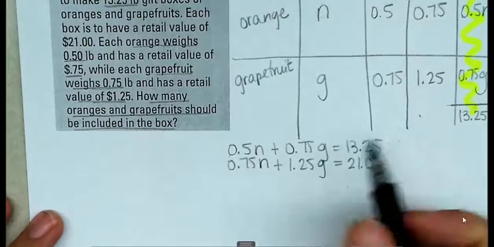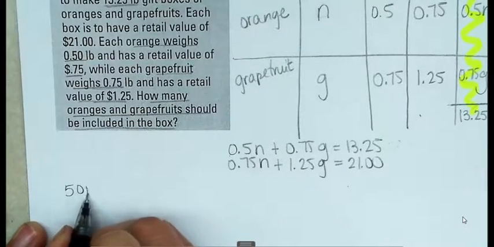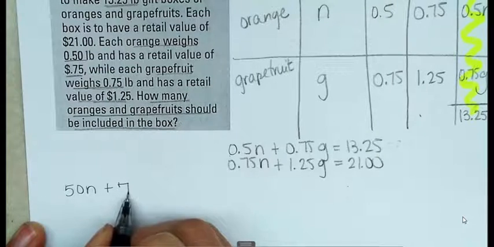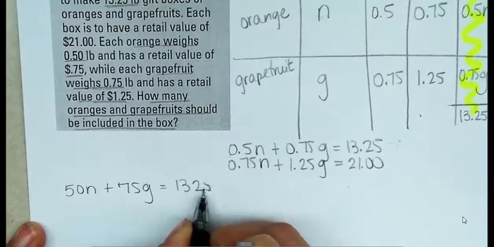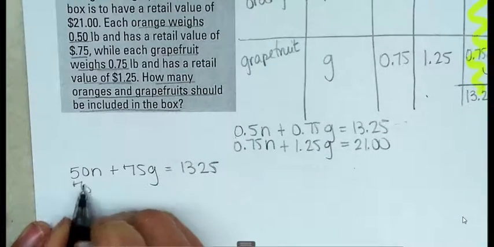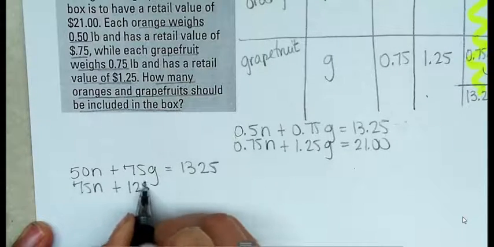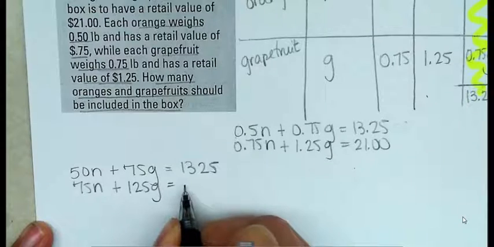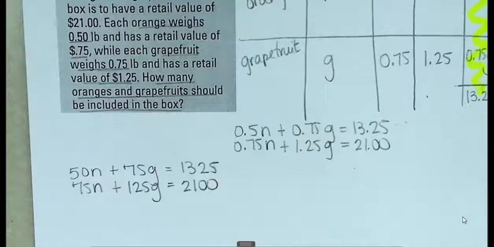This equation will be 50n plus 75g equals 1,325. And this equation will be 75n plus 125g equals 2,100. A little bit easier to see without decimals to worry about.